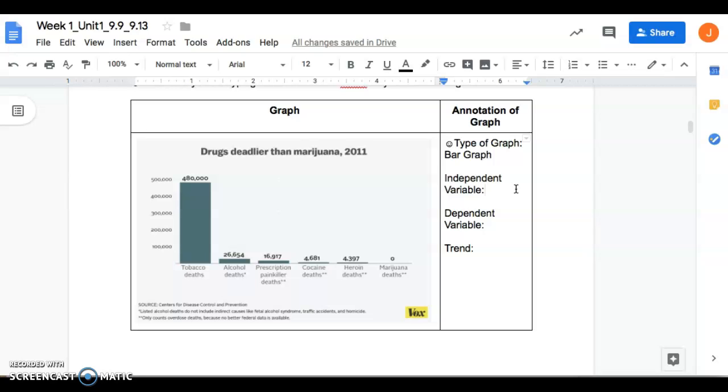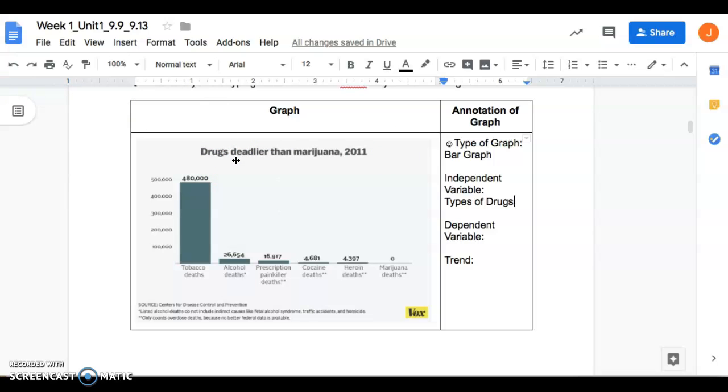The independent variable is normally on the bottom axis, the horizontal or x-axis. The independent variable, I'm seeing tobacco, alcohol, prescription, and so on. So this looks like types of drugs that are being used. I also see the title says drugs deadlier than marijuana.